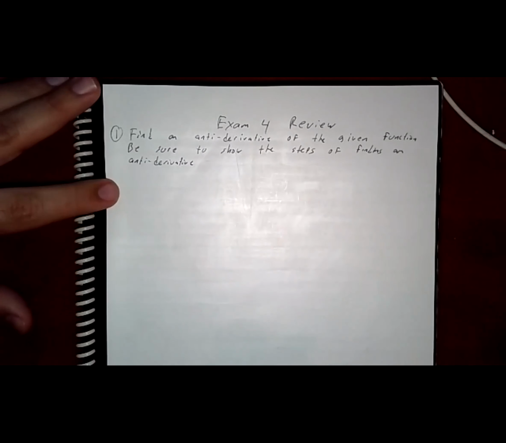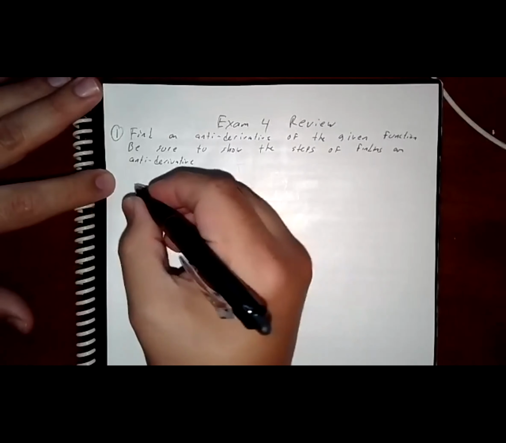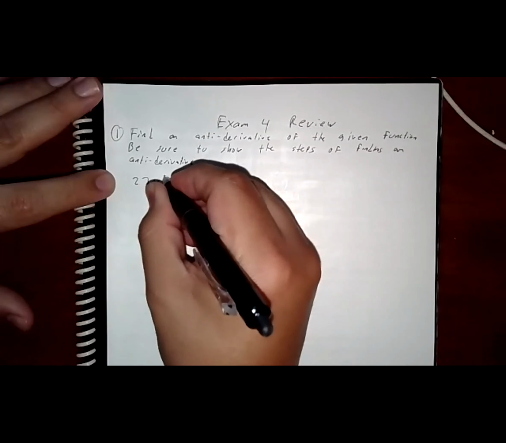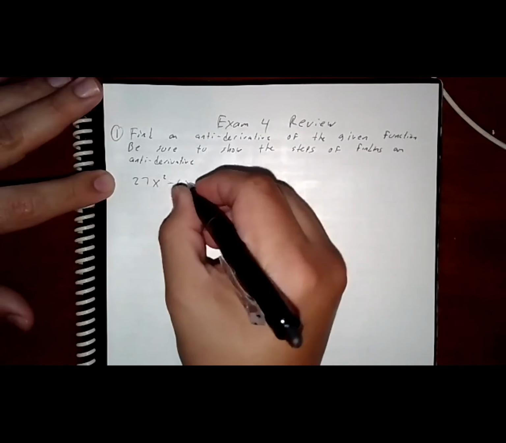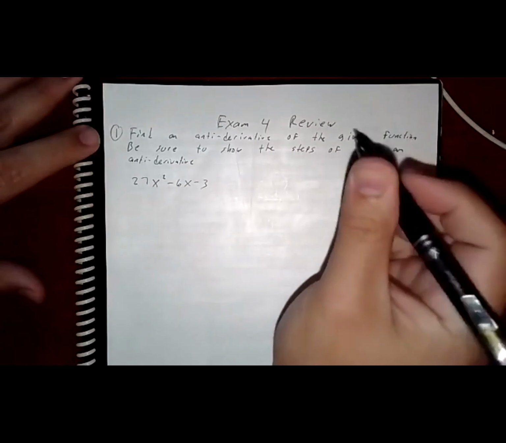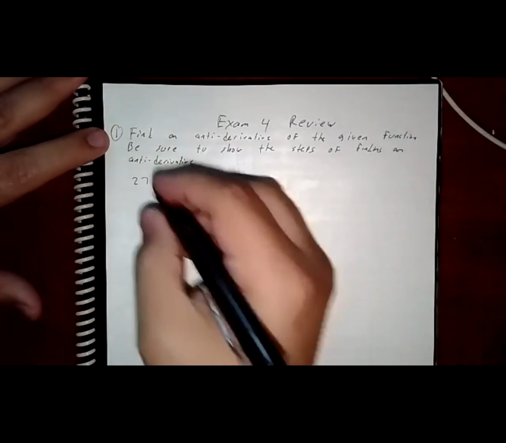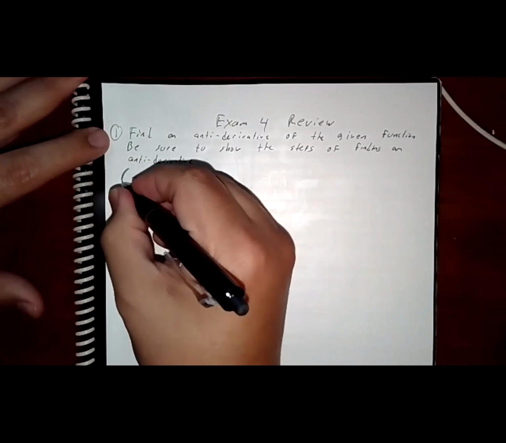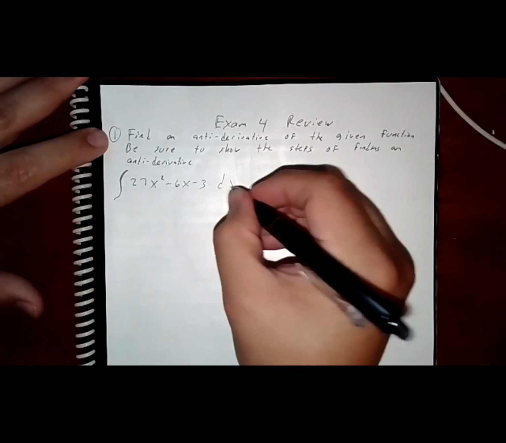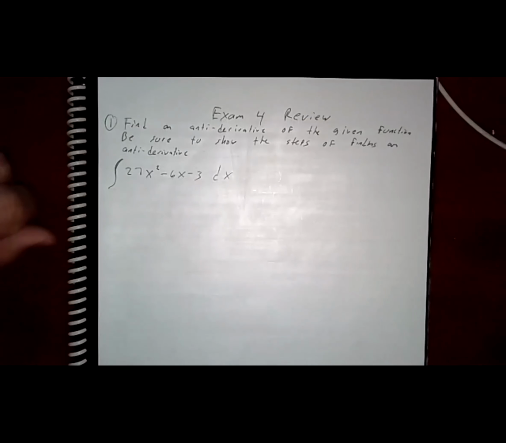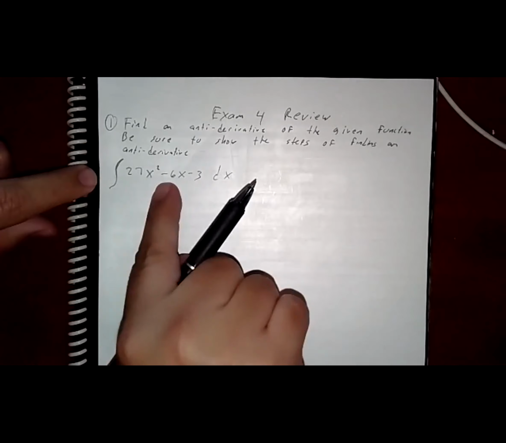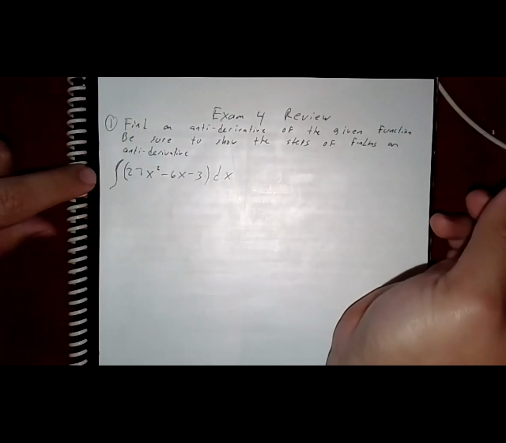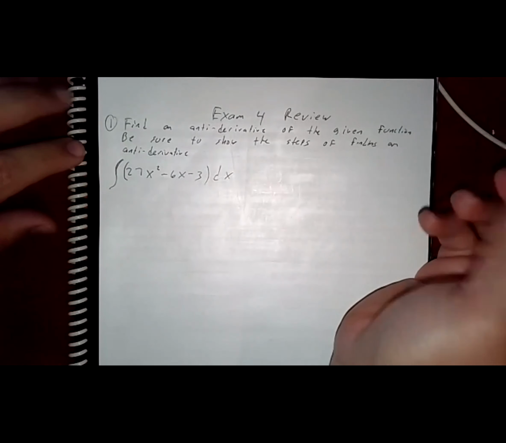Okay. So they give us this function here, and they want us to find the antiderivative. So basically, integrate it, or whatever you want to call it, with respect to x, and do a power rule on each one. That's all you got to do. Okay, they didn't write the symbol, but that's what they want.